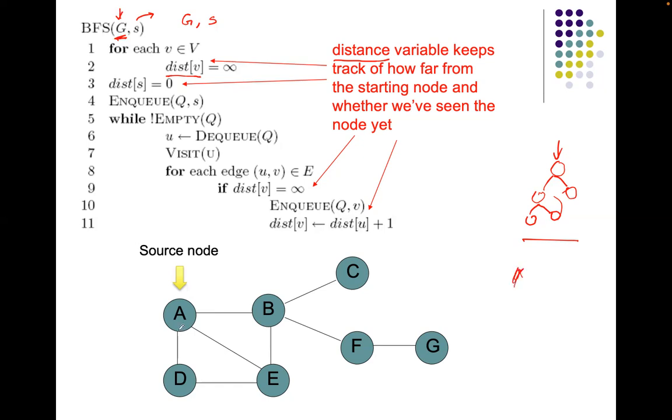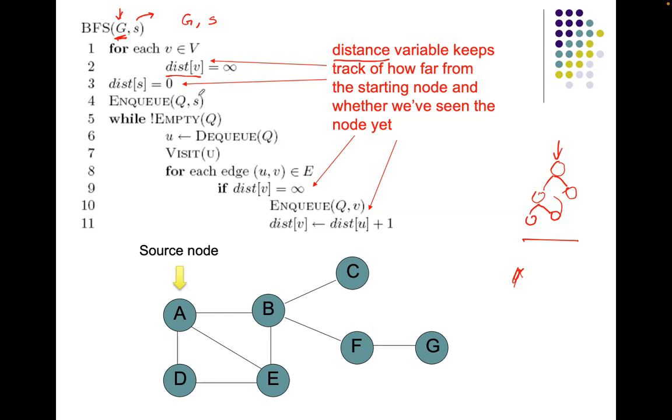Every node has to be visited only once, meaning we cannot make ourselves stuck in a cycle. That's why there is an additional variable, dist.